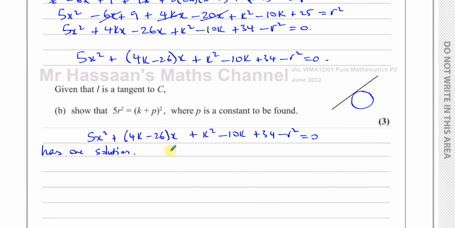So therefore, we can say the discriminant is equal to 0. So we can say b squared minus 4ac must equal 0.